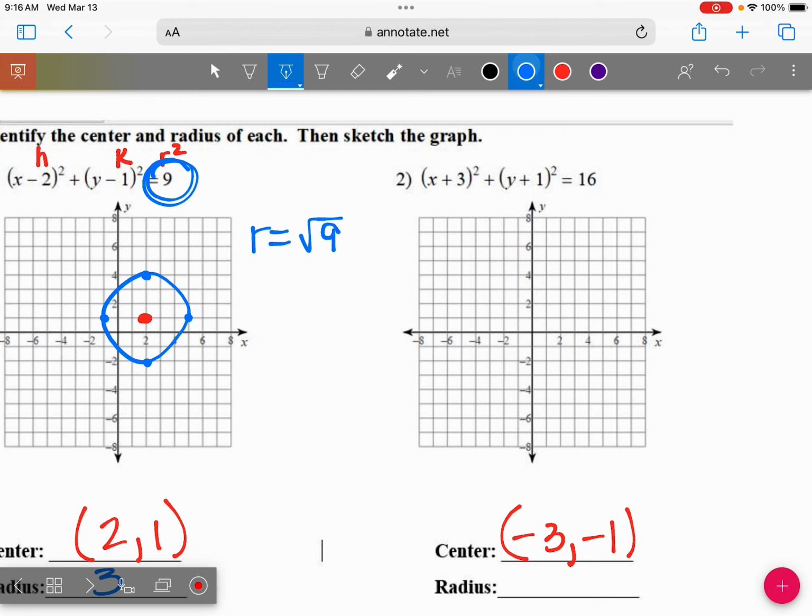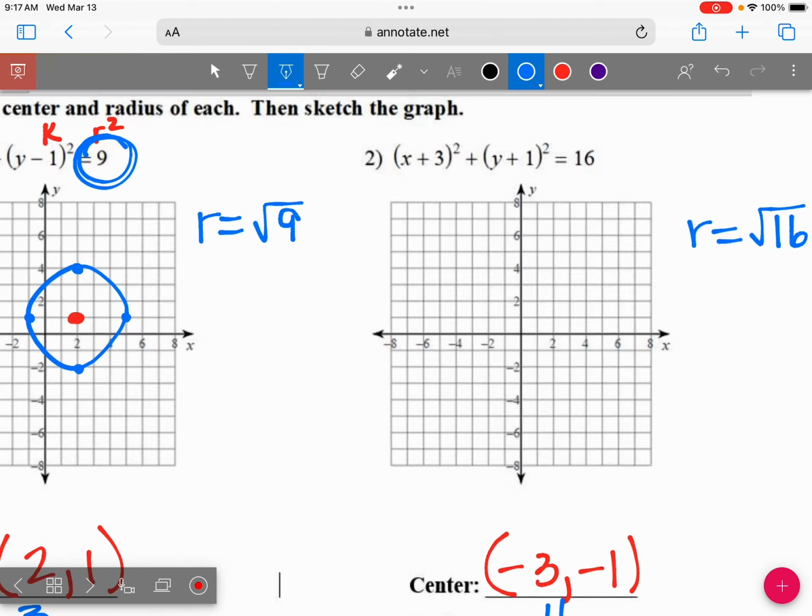Go ahead, type in the square root of 16 if you don't know what it is, to get your radius. And what's the square root of 16? 4. All right, let's go ahead and graph it.